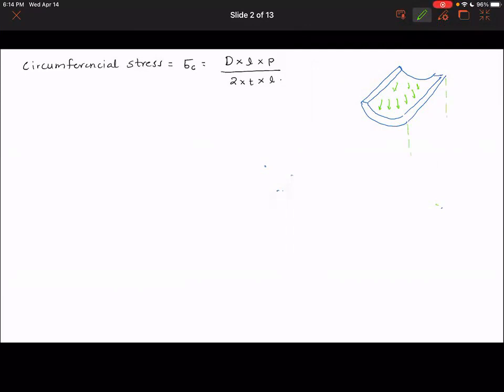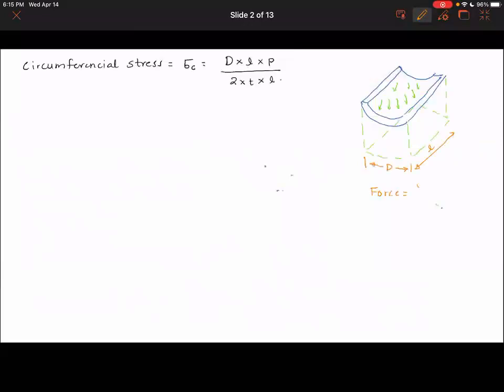So I'm going to draw this projected area. This pressure is going to act on this projected area, that is D, and this is the length of the cylinder, which is L. So the total force will be P, which is pressure, multiplied by D multiplied by L.